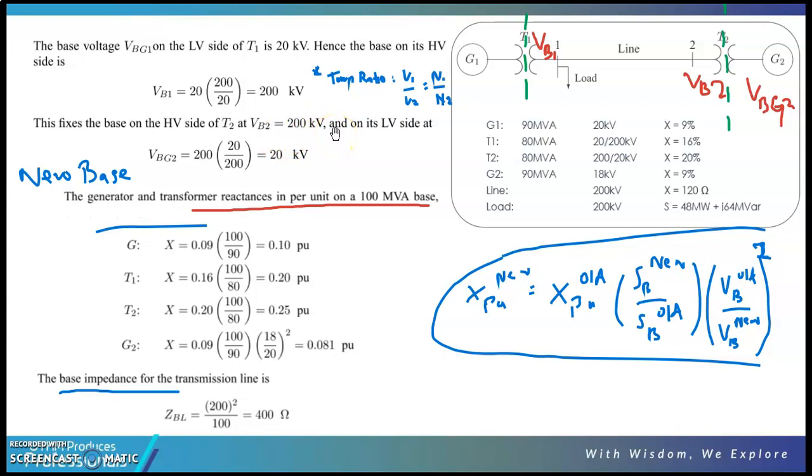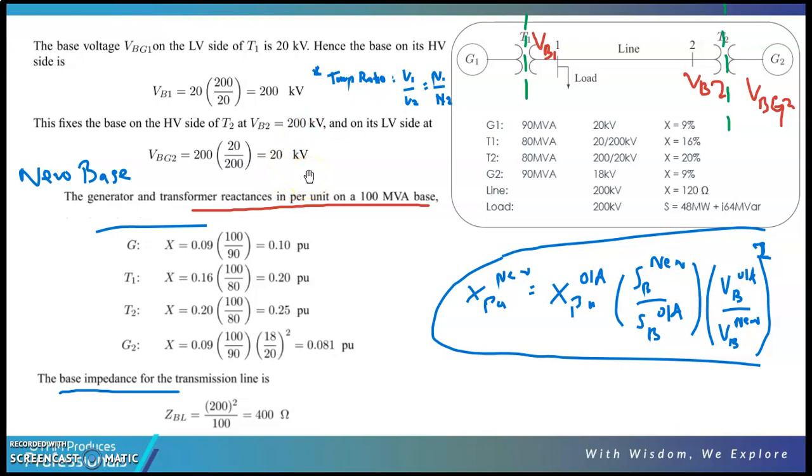For the low voltage side of transformer 2, you need to determine it according to the turn ratio. V1 over V2 equals N1 over N2. So V2 at the secondary side equals N2 over N1 times V1, and you will get 20 kilovolt.